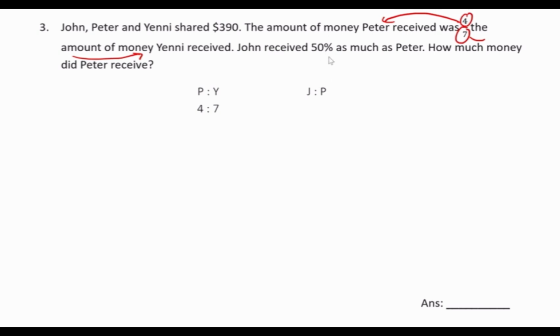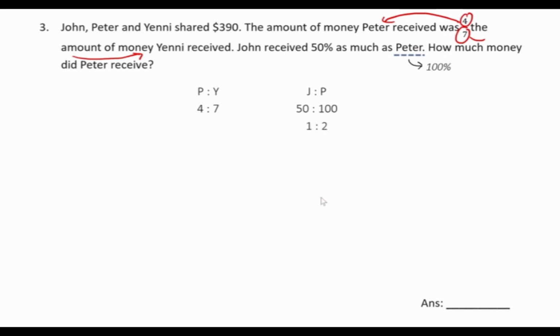Is this 50% more or 50% less or 50% as much? This is 50% as much, right? So John is just 50%. So 50 to 100. This one is not 150 because it's not 50% more. Simplify 50 to 100 is 1 to 2.